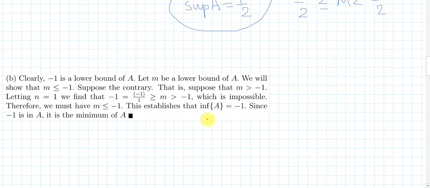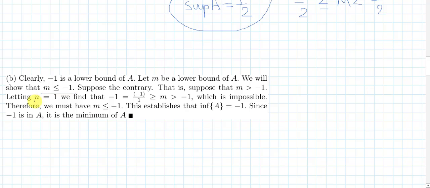And again, let m be a lower bound of A. We'll show that m is less than or equal to -1. And again, suppose the contrary. So we need to find a number which is less than -1. That is, suppose that m is greater than -1.